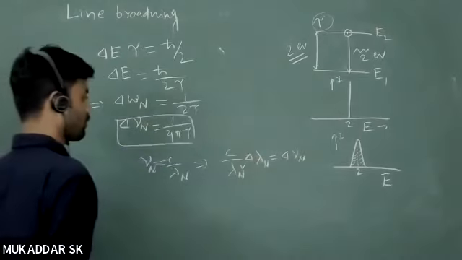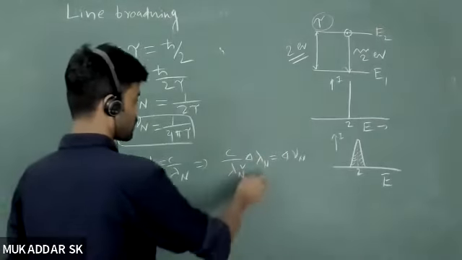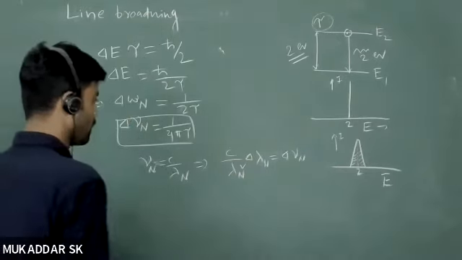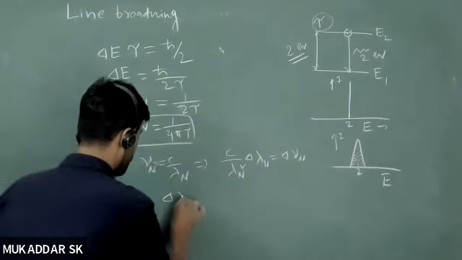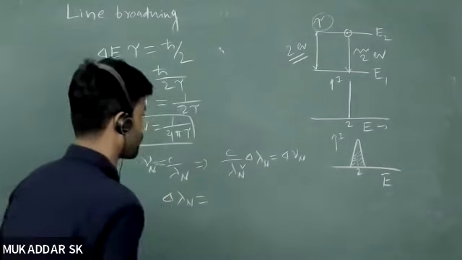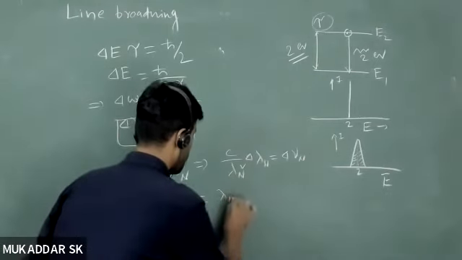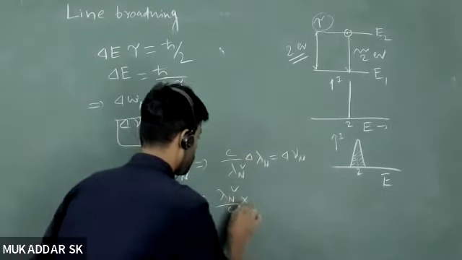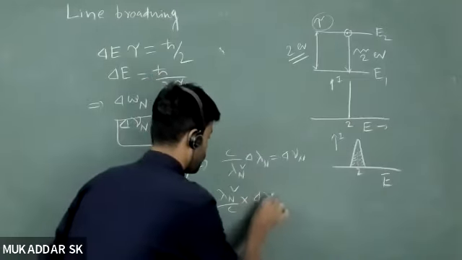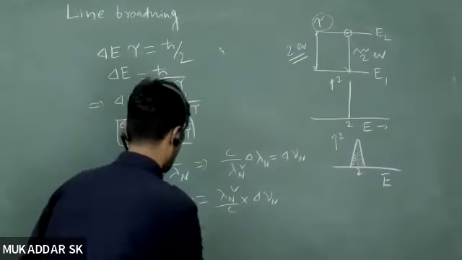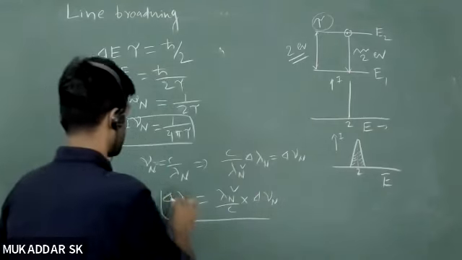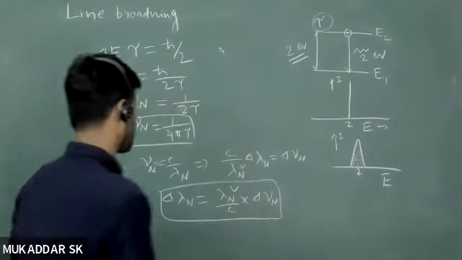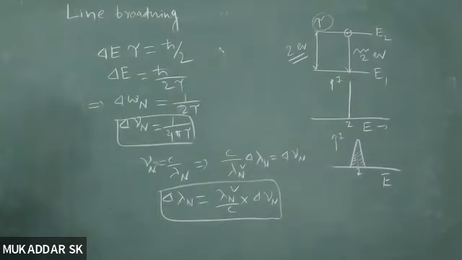I have taken only the modulus because I have to check only how much spread there is in lambda. So delta lambda n will be lambda n square by c into delta nu n. And you know delta nu n from here. You can substitute, so we can calculate delta lambda n also. Is this part clear to all?